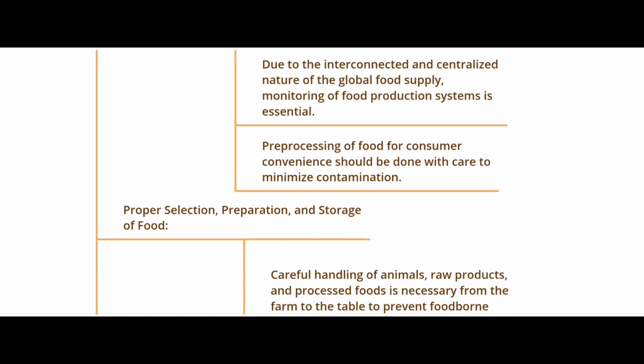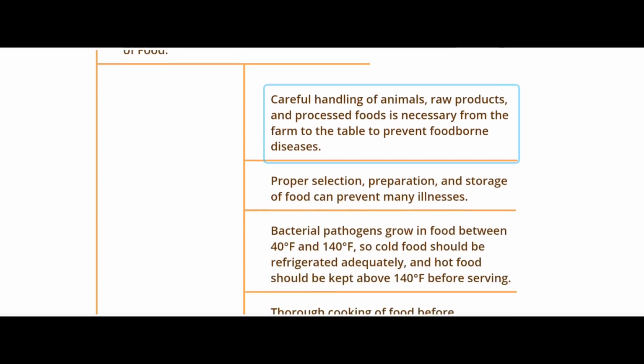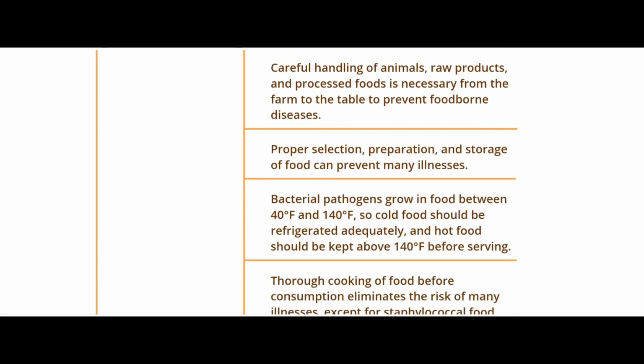The proper preparation, selection, and storage of food. The careful handling of animals, raw products, and processed foods is necessary from the farm to the table, according to the One Health principle. It can prevent many illnesses.